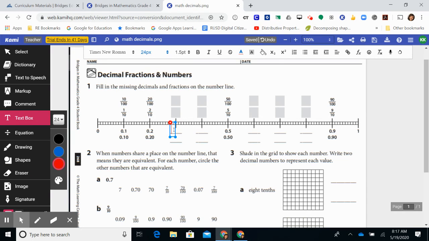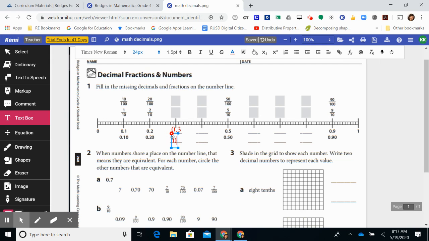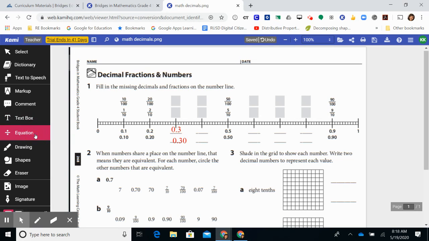So here I'm going to put 0.3, and then underneath I'm going to put 0.30 because that is saying the same thing. They're equivalent, okay? And then for my fractions over here, a fraction that I would have as equivalent to 0.3 would be 3/10, and then a fraction for 0.30 would be 30 over 100.